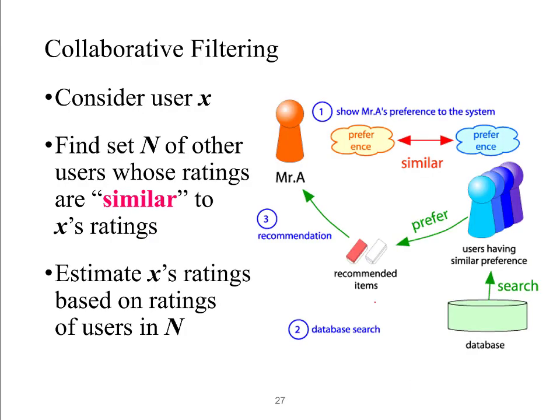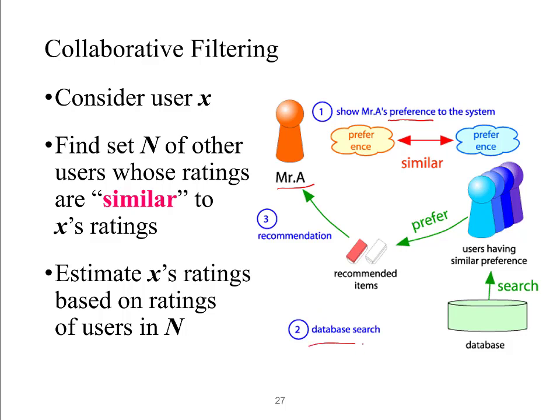Here we use a simple figure to show the workflow of collaborative filtering. Basically, we first consider user X, who is Mr. A here. We compute Mr. A's preference and show it to the system. Then, for the second stage, we find a set N of other users whose ratings are similar to X's ratings.